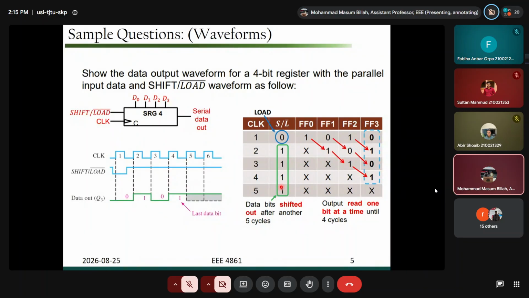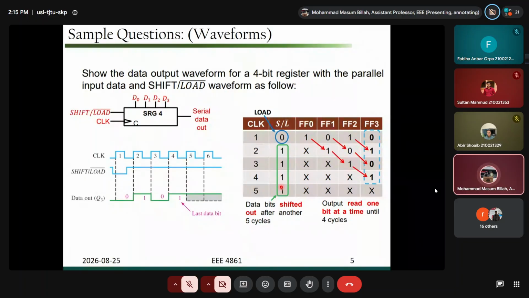For example, here the circuit will be given, or maybe this kind of symbol will be given. You have inputs D0, D1, D2, D3, and you have control inputs like shift and clock. Based on these 6 input data, you have to calculate what is Q0, Q1, Q2, and Q3. If it is serial in, serial out, you need to draw that one.